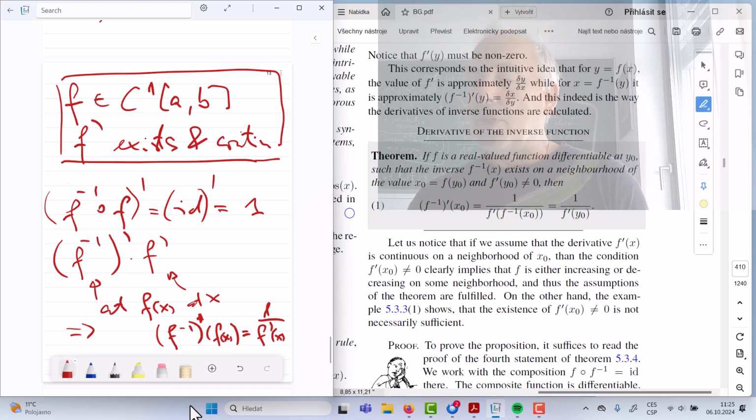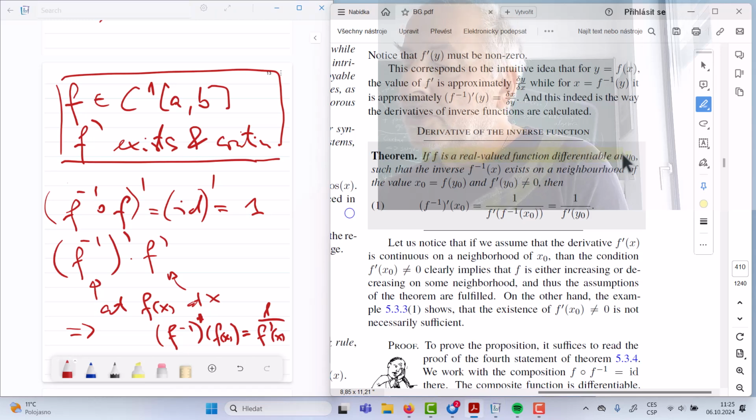And that's it. That's what we've got here as the theorem. So if we have a real valued function differentiable at that point y0 such that the inverse exists on a neighborhood, so we expect that the inverse exists, then we know that it's this way.